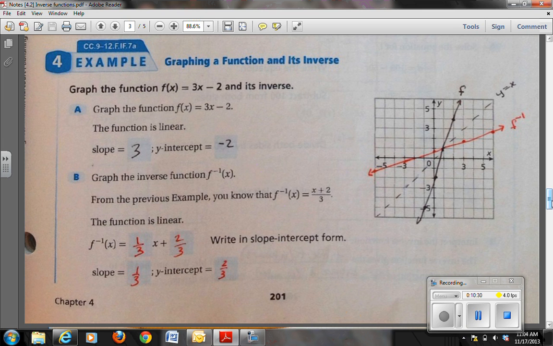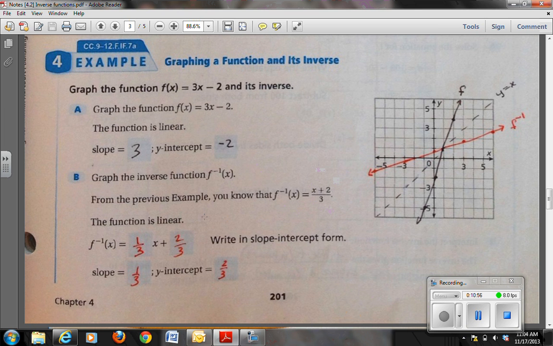Okay, graph a function and its inverse. Still sticking with the 3x minus 2 function we've been looking at, go ahead and graph that. I did that in black, and notice the y-intercept is -2 and the slope is 3. So go ahead and draw that in. Then it says, how about the f inverse function? What does that one look like? We said the equation was x plus 2 over 3.